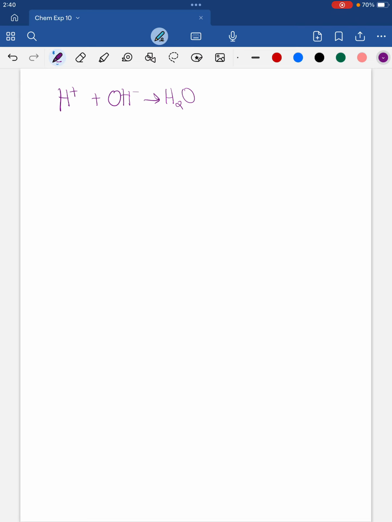The molar heat of neutralization is the change in enthalpy when 1 mole of water is formed in a neutralization reaction. The neutralization reaction that we performed in class was hydrochloric acid plus potassium hydroxide yields potassium chloride, that's our salt, plus water, H2O.